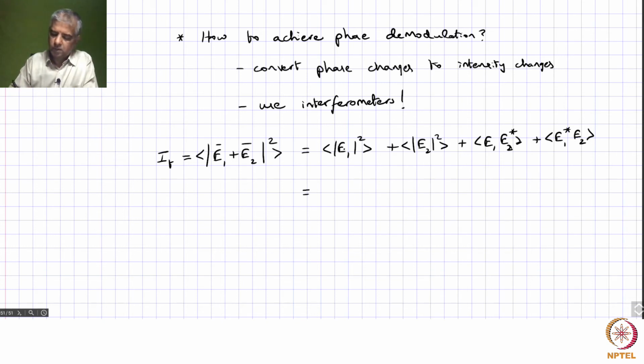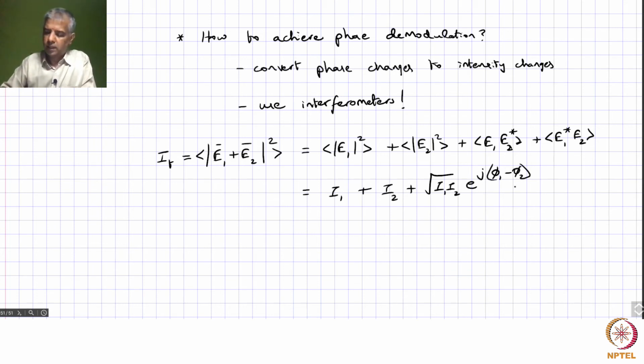Okay. Now, of course, by definition the first term corresponds to I1 and the second to I2, and the magnitudes fall out: E1 magnitude will be root I1, E2 will be root I2. So, you have root of I1 I2, and then the conjugate of the complex quantities, especially the phase. So, this will be e power j phi 1 minus phi 2, plus root I1 I2 e power j phi 2 minus phi 1.